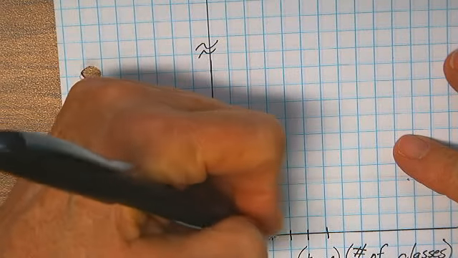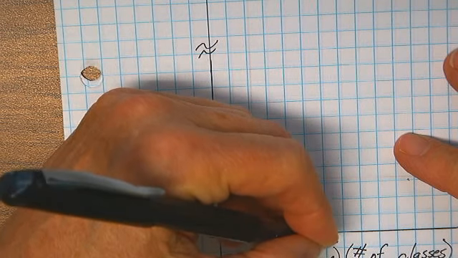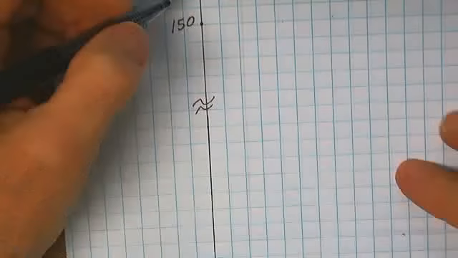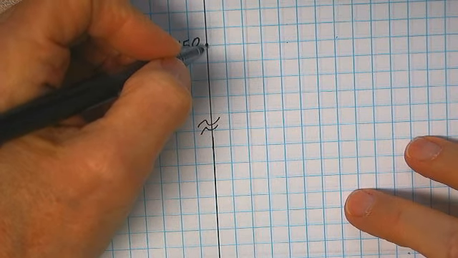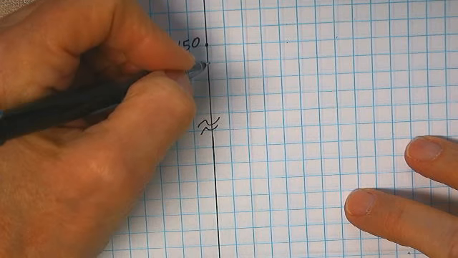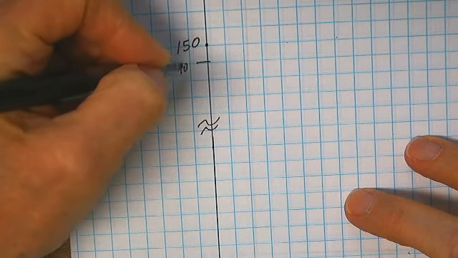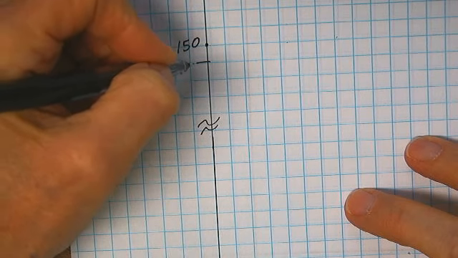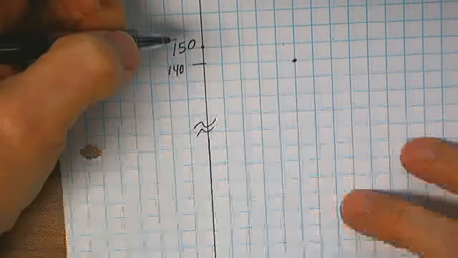So 1, 2, 3, 4, we'll call this 5 classes. He will have used 10 pages, right? At the end of 5 classes, he will have used 10 pages. Five classes, 10 pages.